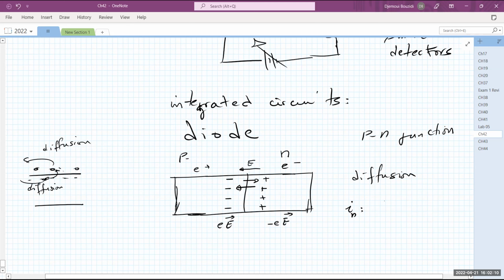So you have a current that is generating them, which is this one, I_g for the negatively charged, and you have one that is taking them away, I_n diffusion if you wish, recombination, because that's what the current is doing. It's recombining those electrons with the holes. So this is called the recombination current.